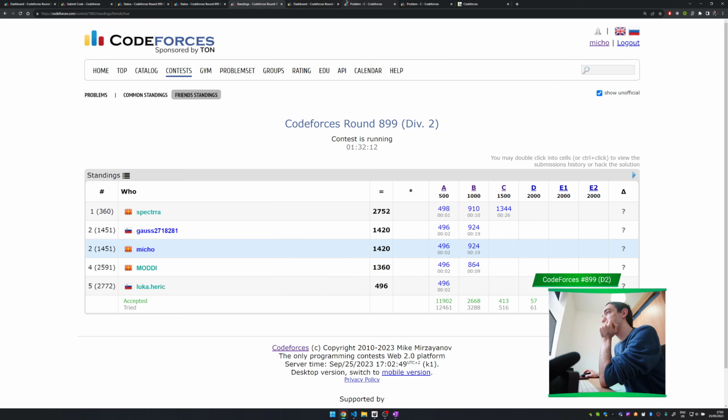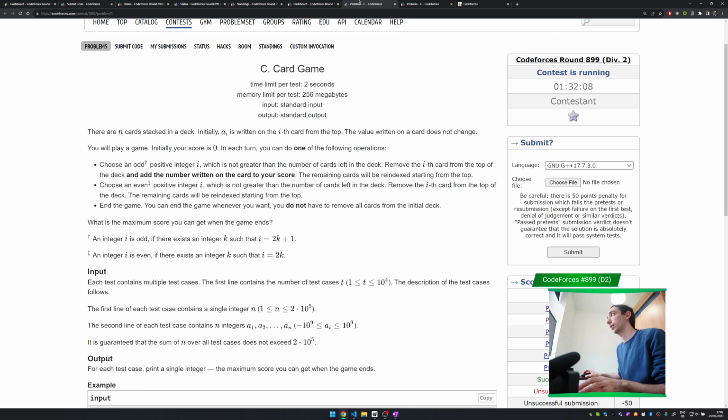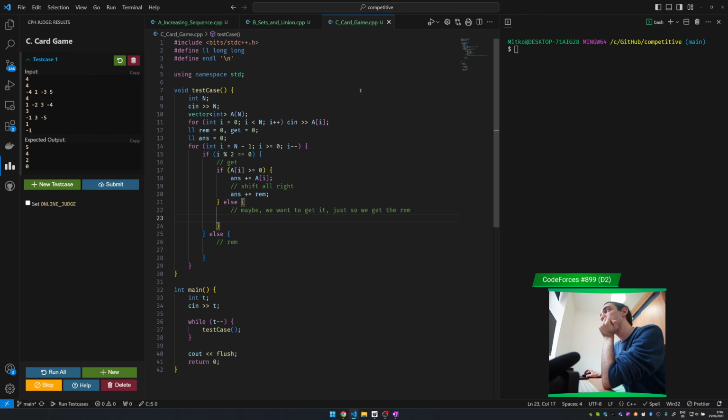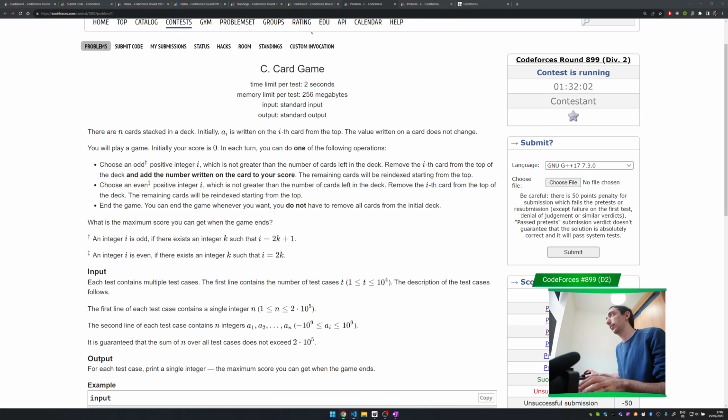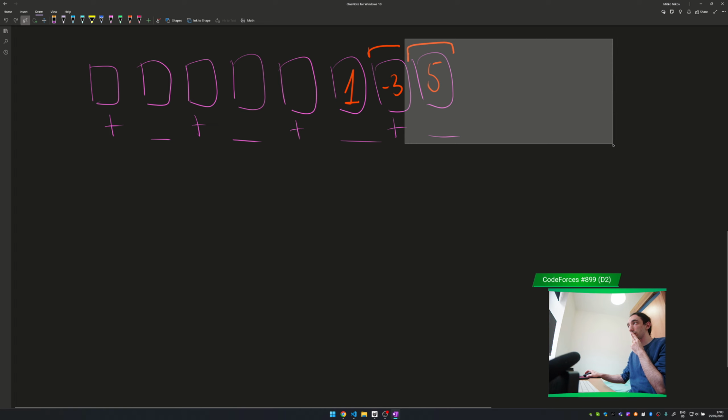Either you shift. Yeah, it has to be DP, I think. So you have two states maybe in the DP. One state is where nothing here is shifted.